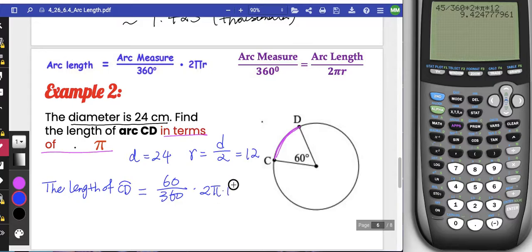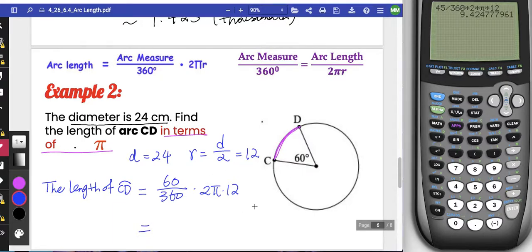Some students might argue, since 2r is double the radius, I can just use the diameter directly here, not 2r but d. You are correct, which is exactly what we mentioned at the beginning: circumference can be used as 2 pi r or pi d, so it really doesn't matter.